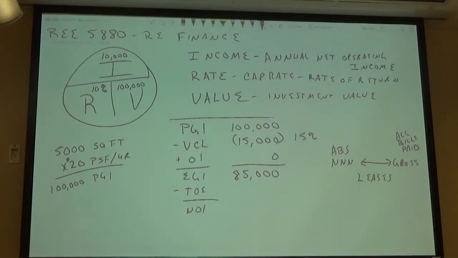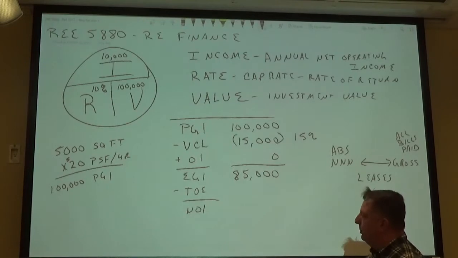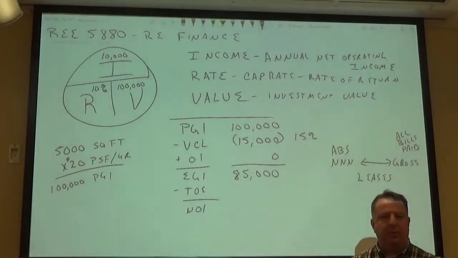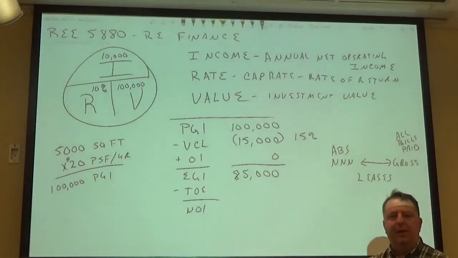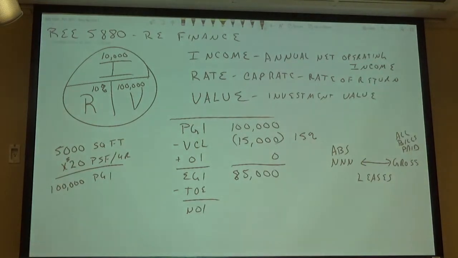Now, having just said that, if you have a tenant under an absolute triple net, then we really don't have any operating expenses from the investor's perspective. Yes, from an accounting perspective, they're probably going to be reimbursable expenses, and I get that.